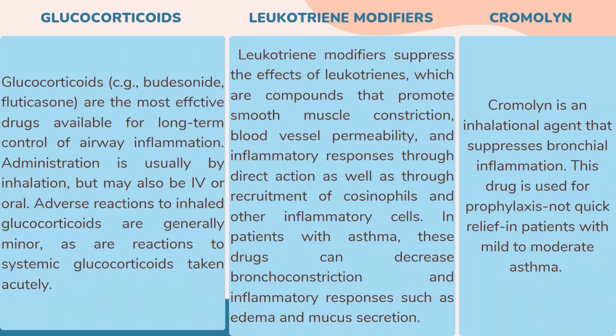Adverse effects. Cromolyn is the safest of all anti-asthma medications. Significant adverse effects occur in fewer than 1 of every 10,000 patients. Occasionally, cough or bronchospasm occurs in response to cromolyn inhalation.